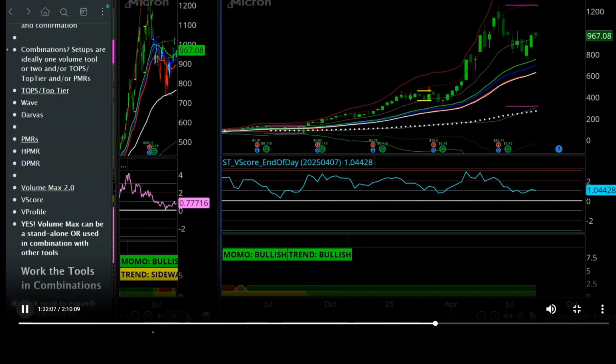You track it. Size is never going to tell us, but it's going to be showing us that at certain levels, they're stepping in, right? That's what I'm pointing out there. And then we want to layer that with the Darvis. We want to layer that with the wave, right?